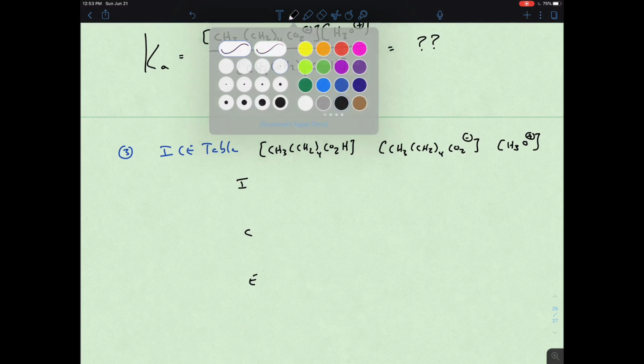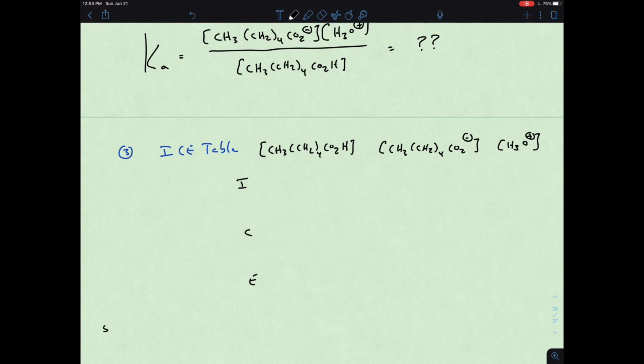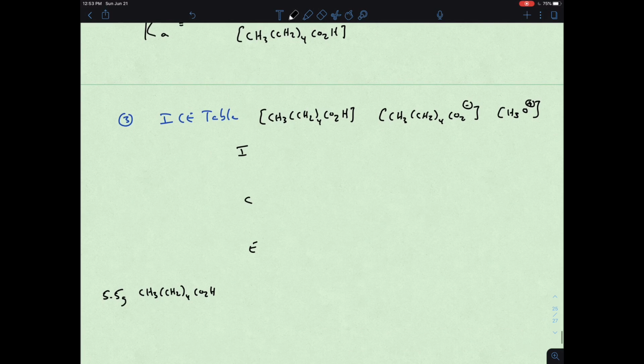So we would have to take, for instance, our 5.5 grams of the caproic acid. We would have to get that into a concentration by first dividing by its molar mass of 116 grams. That's going to allow us to get to moles of our caproic acid.